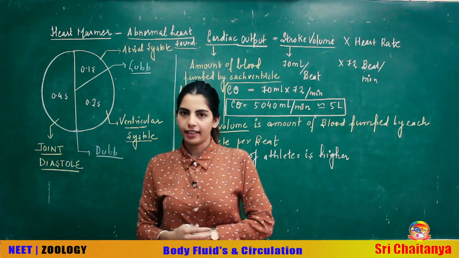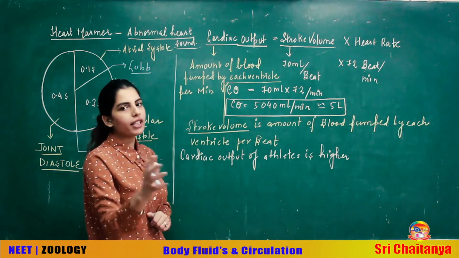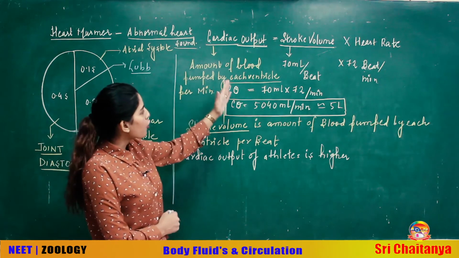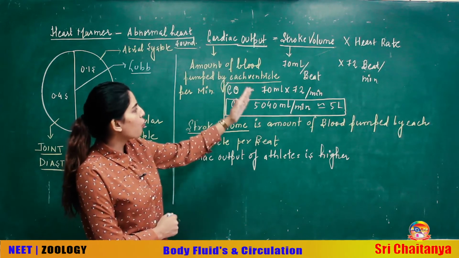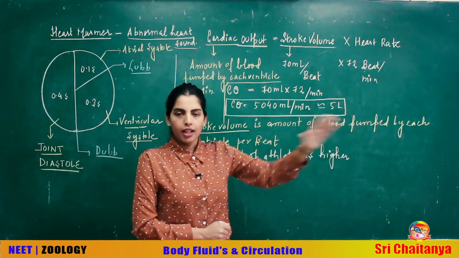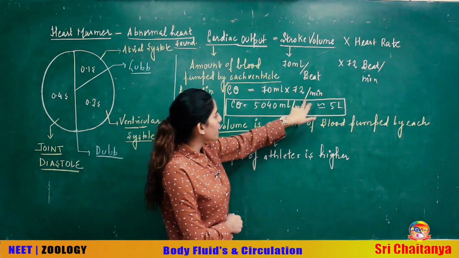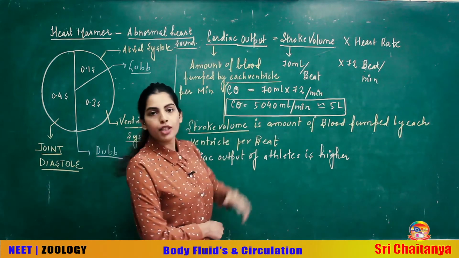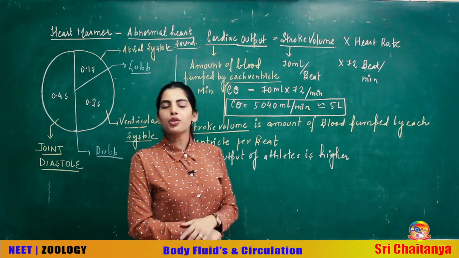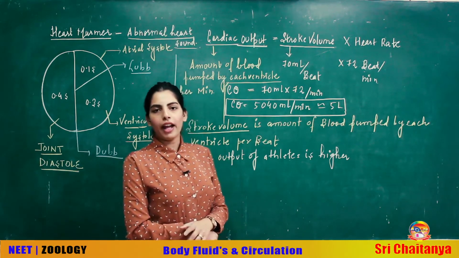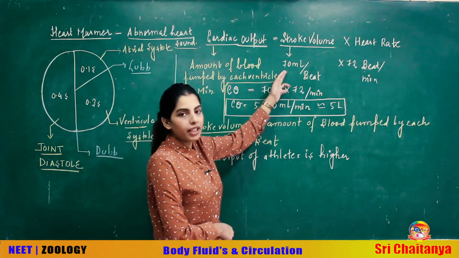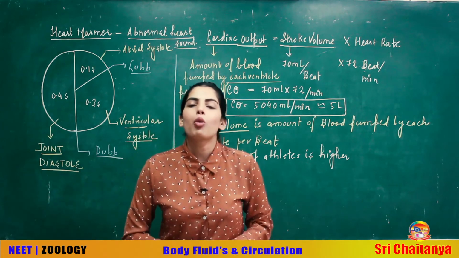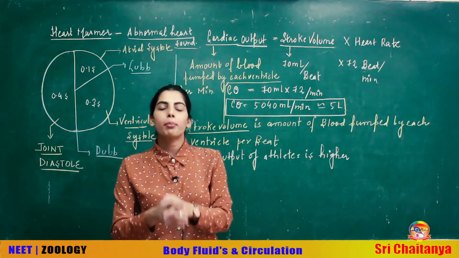Now students, some important definitions. On the top I have written cardiac output is equal to the stroke volume into heart rate. Heart rate, we all know that it is 72 beats per minute. What is the stroke volume? I have written the value 70 ml per beat.